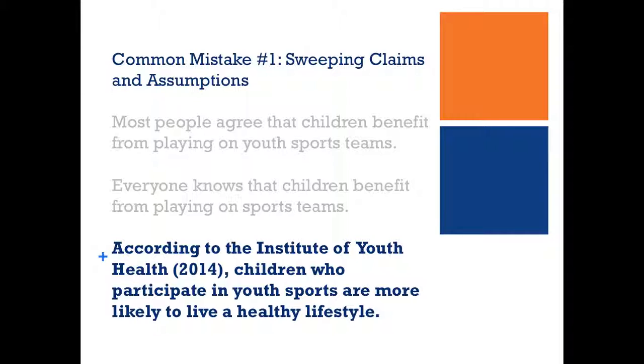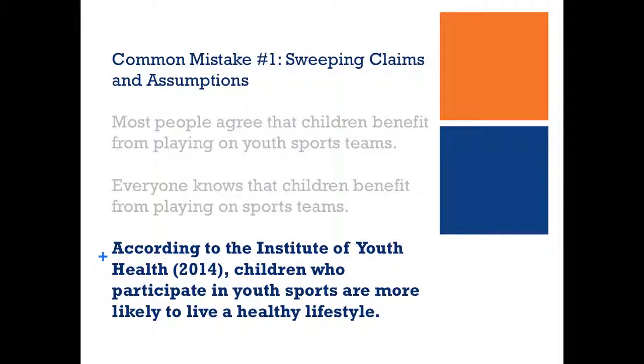Somebody might ask, well, did you take a poll to see if most people do agree with this? Or someone else might ask you, how do you know that everyone is aware of this? What evidence do you have to support this claim? So looking at the bottom sentence with the little plus sign there, this is how we can take the same idea and by using credible evidence, we can support the claim.